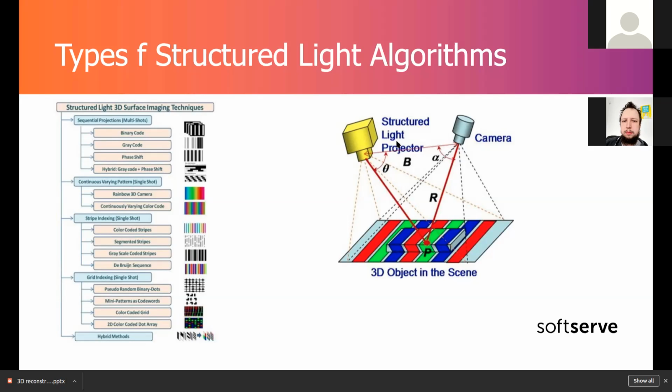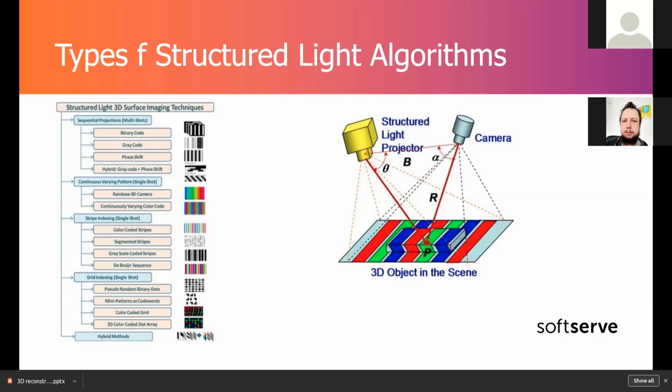For example, binary code uses at least, for example, 10 patterns to project on the image. Using 10 patterns, we can decode 2 to the power 10 pixels, and then we can uniquely find correspondence between projected image pixels and captured pixels.